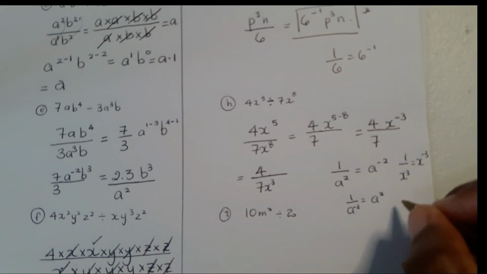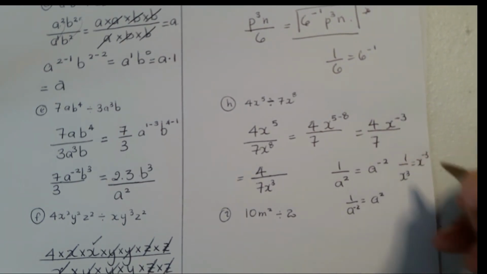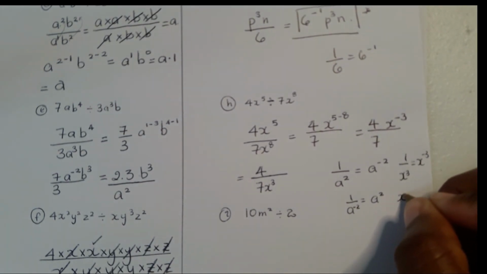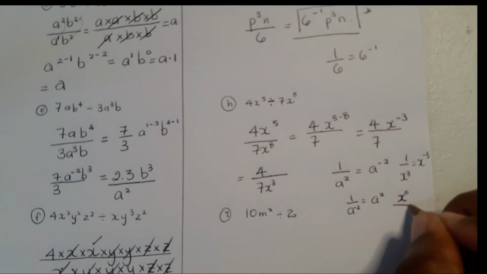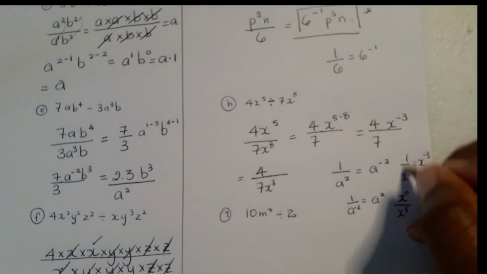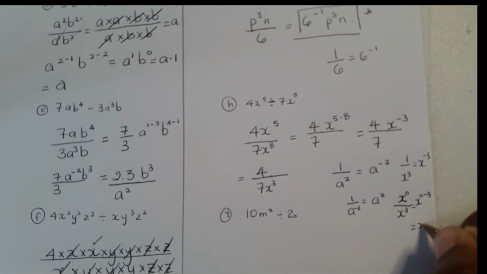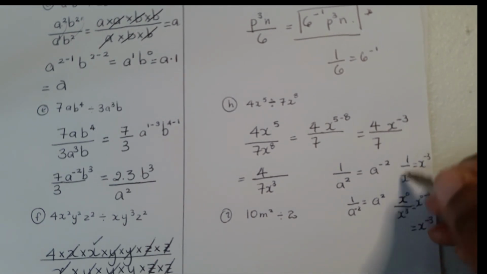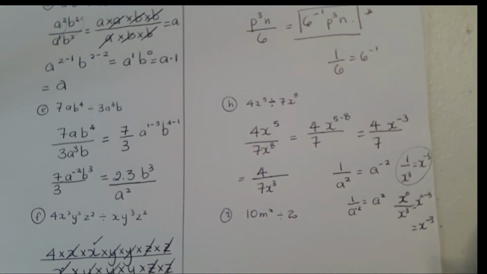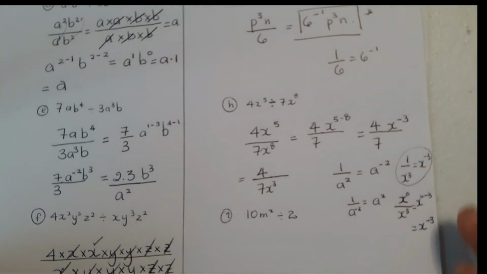It's just opposite. Why? Because remember, 1 could be represented with any variable raised to the power of 0, and then x to the 3. So if you do that, you will say x to the 0 minus 3, and that will give you x to the minus 3. That is why you get this answer. So always think like that.